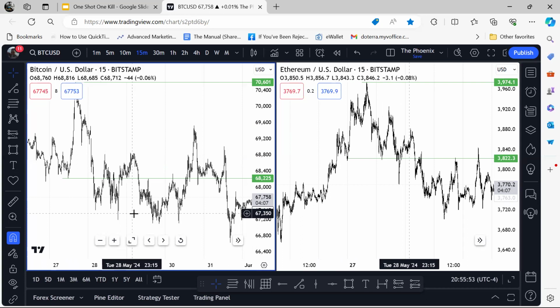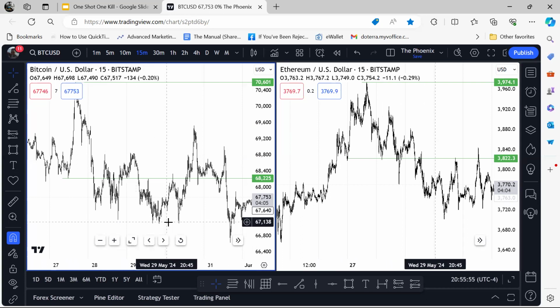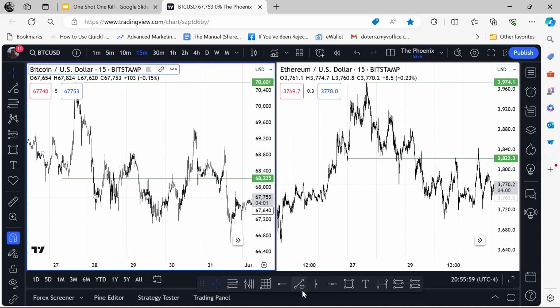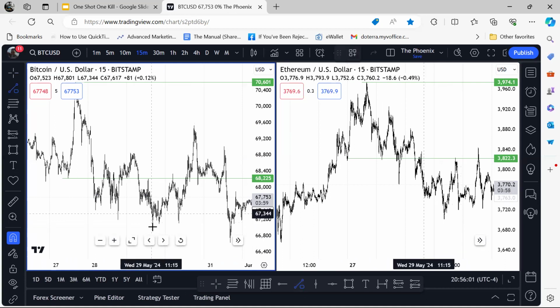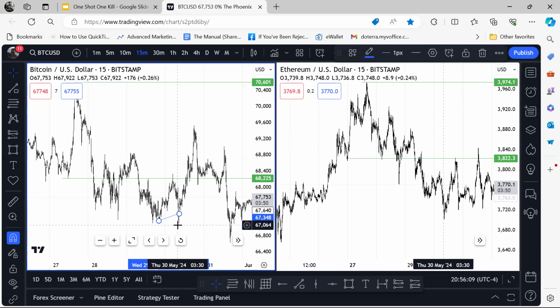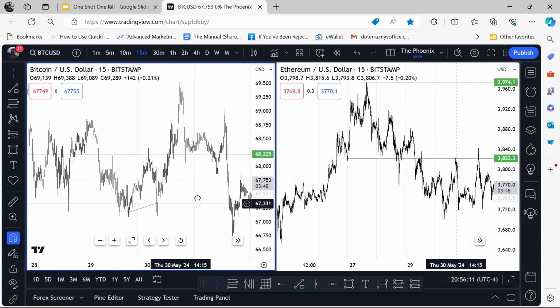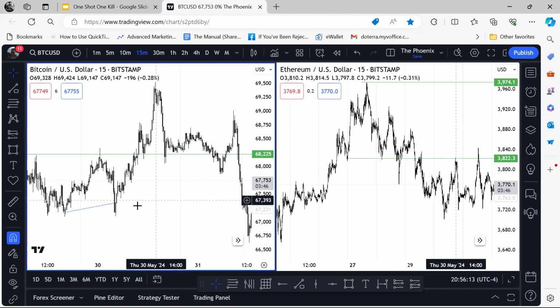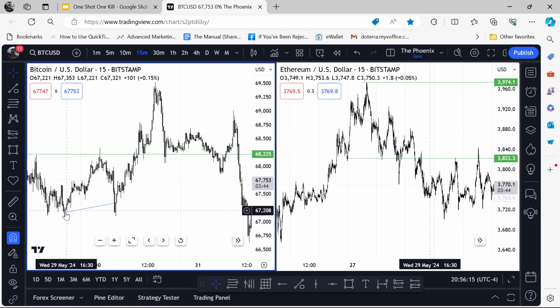There's no indication of any, well, yes, there was divergence right here between Wednesday and Thursday's low. So price traded low on Thursday. Just see.